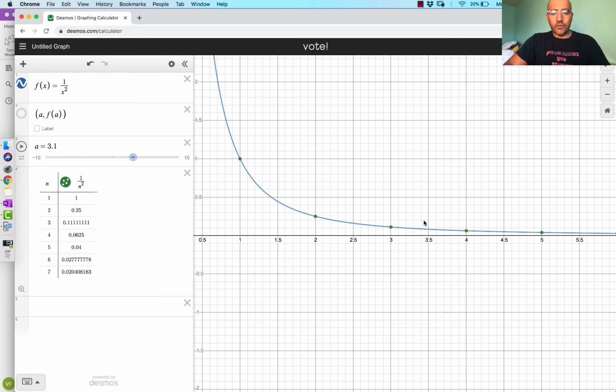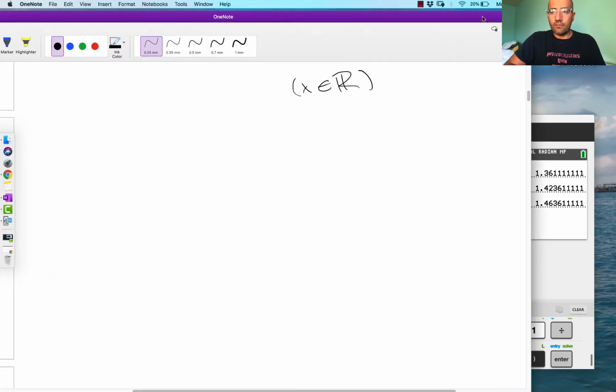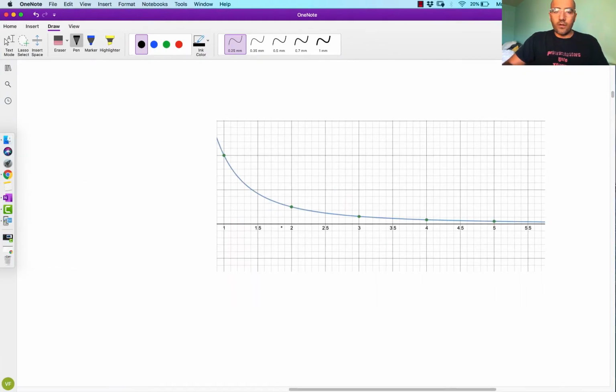Okay, so what we're going to do is think of a couple of things here. We want to find the sum of all of these green dots.